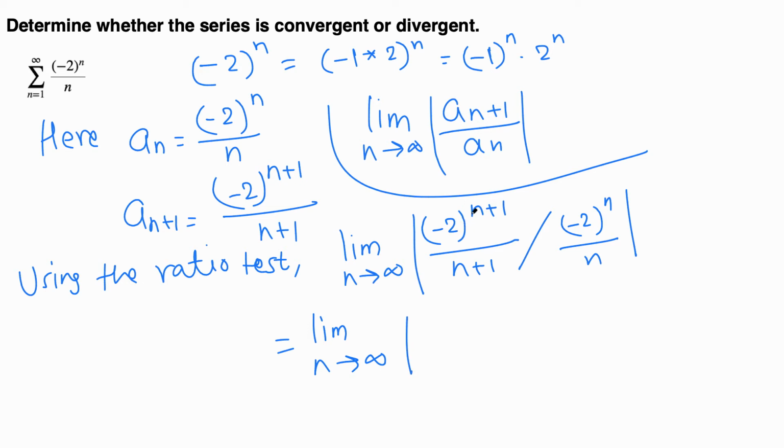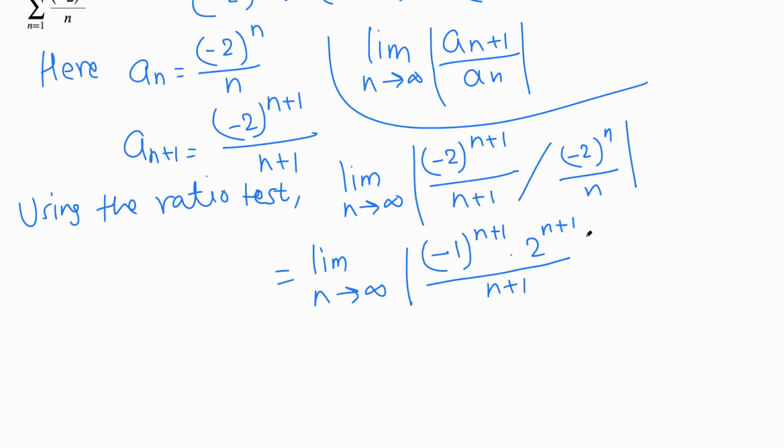This is negative 1 raised to n plus 1 times 2 raised to n plus 1 over n plus 1, times n over negative 1 to the n times 2 to the n.